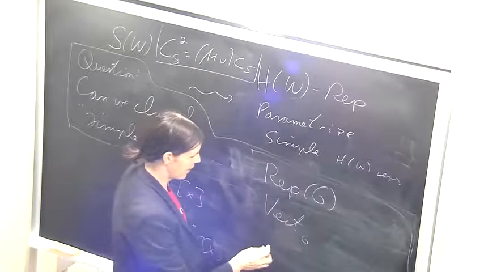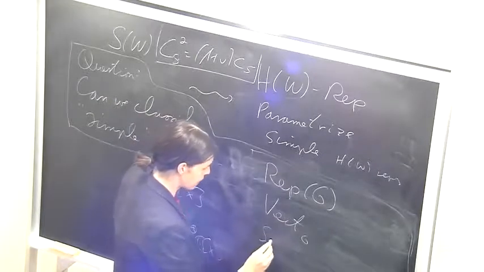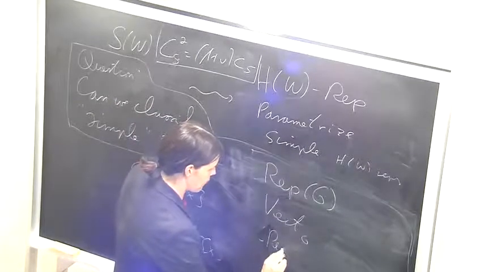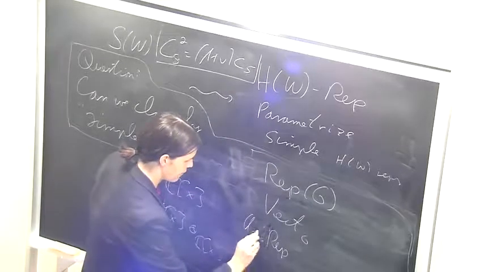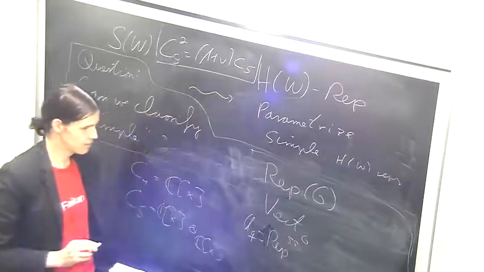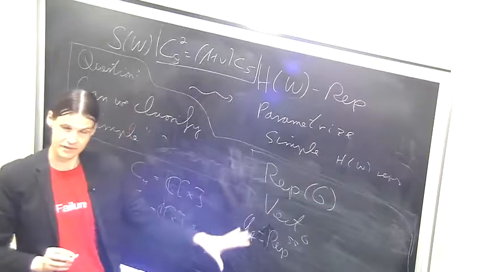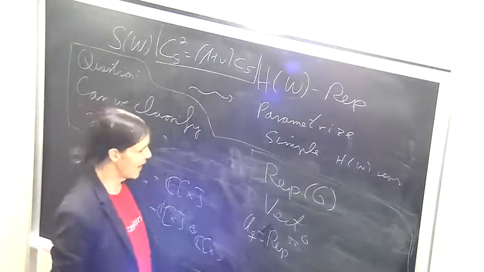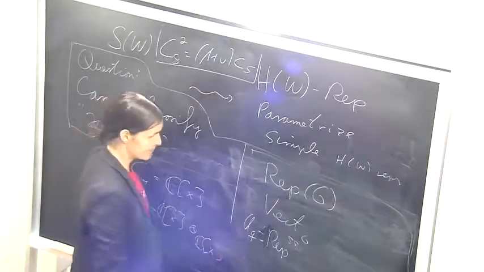You can have semi-simplifications of quantum groups, right? Like take tilting modules and kill the negligible modules. And this is basically the complete list.